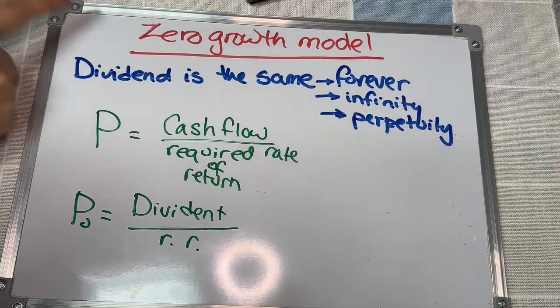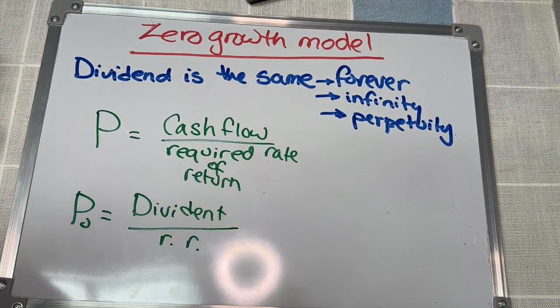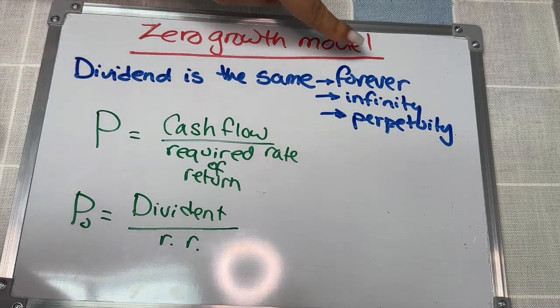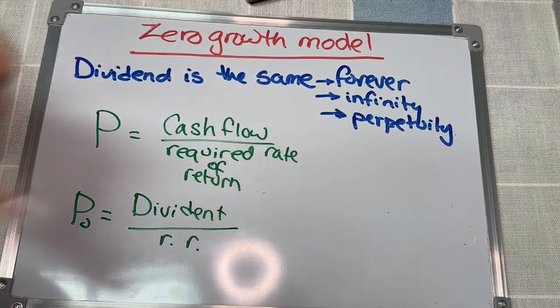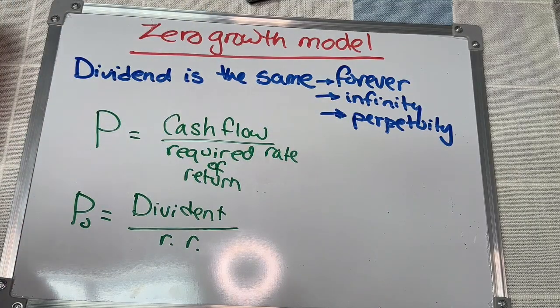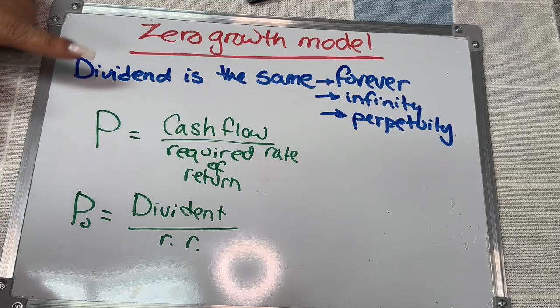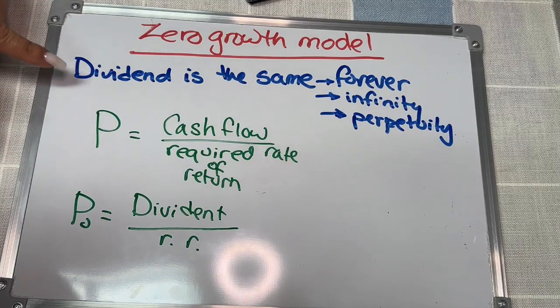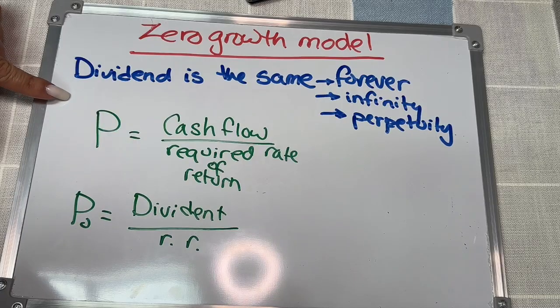The first thing we're going to look at is the zero growth model, which we said is the dividend is going to be the same. It's going to be the same forever, infinitely, and therefore it's a perpetuity. It's the same dividend repeatedly over time. And this is a unique condition for preferred shares.